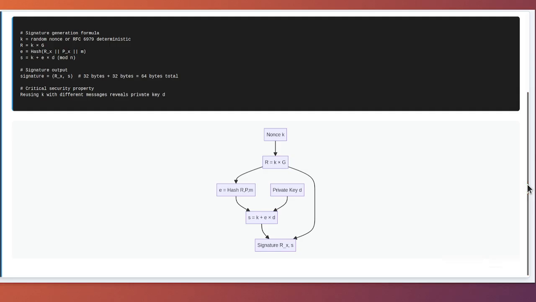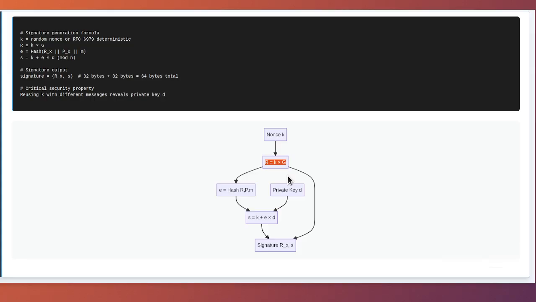The point R is computed as k times G, where G is the generator point. In the Bitcoin Schnorr signature scheme known as BIP 340, there's an important additional step where we ensure that R has an even Y coordinate. If the computed R has an odd Y coordinate, we negate k and use negative k instead.